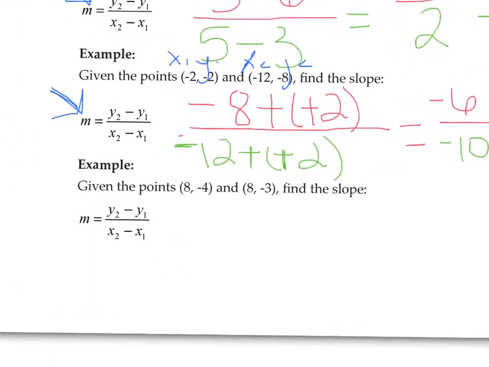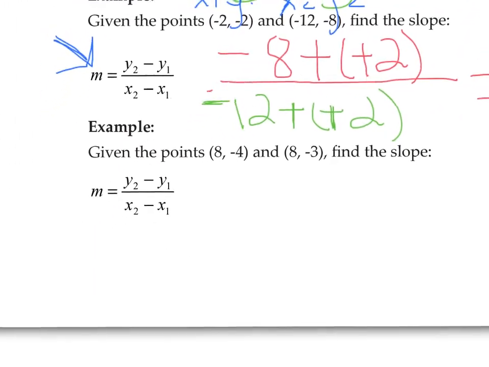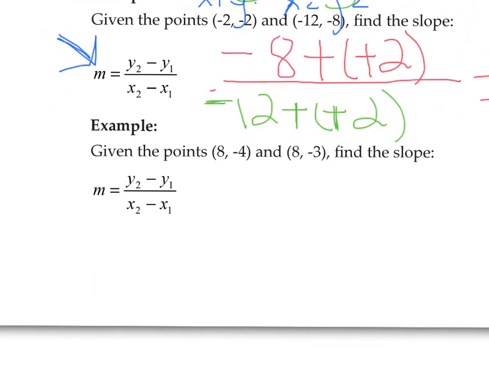All right, let's do this last example. Given the points (8, -4) and (8, -3), find the slope. So again, label them as x1, y1, x2, y2, and fit them into the formula.